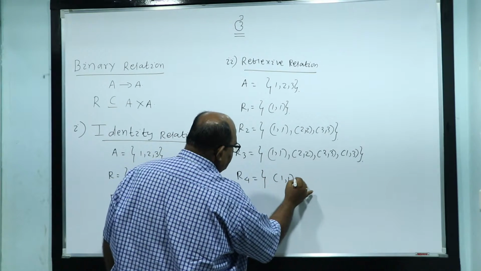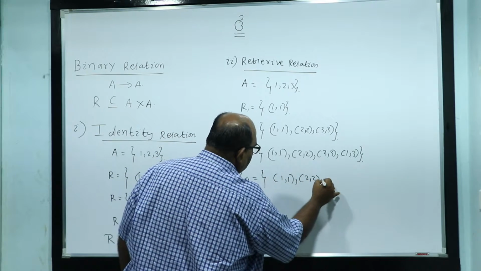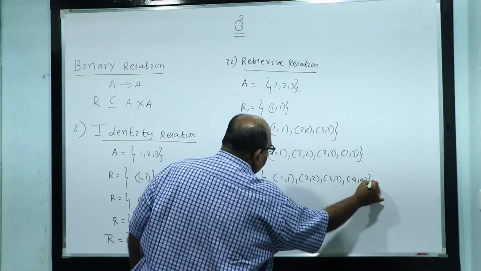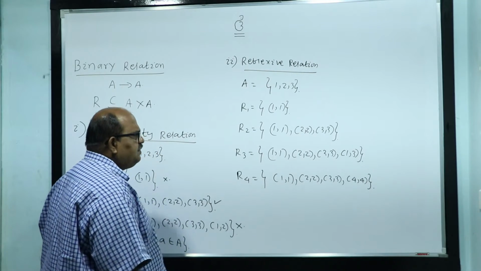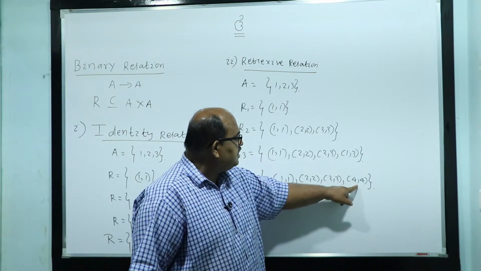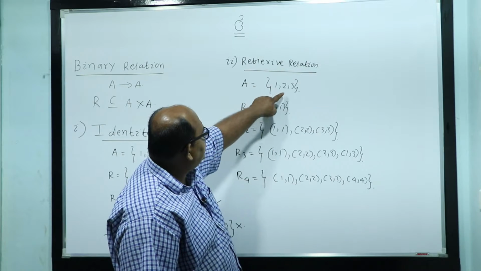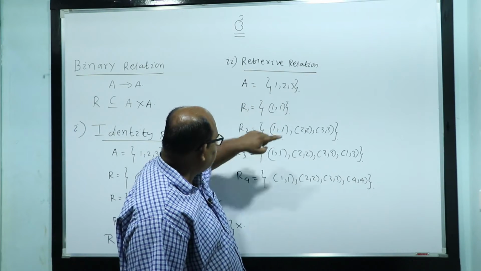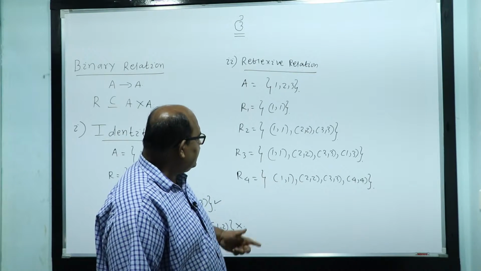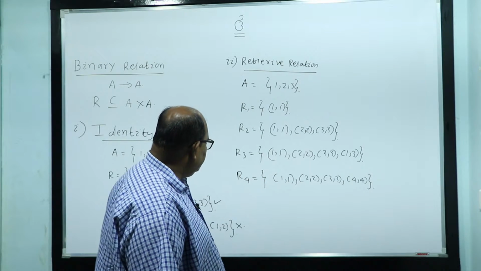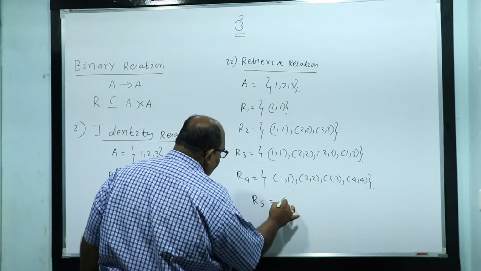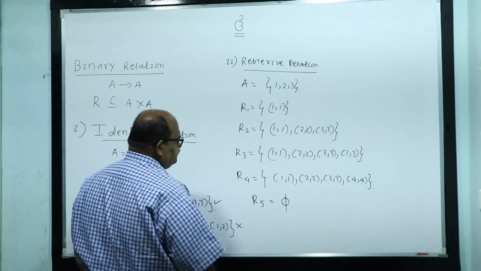Next example is {(1, 1), (2, 2), (3, 3), (4, 4)}. Is this a reflexive relation? Think. First of all, this is not a relation because 4 is not present in the given set. So this is not a relation. If not a relation, then can it be reflexive? No. Then another thing is R5 is equal to the empty set.